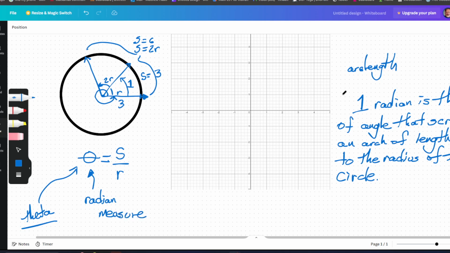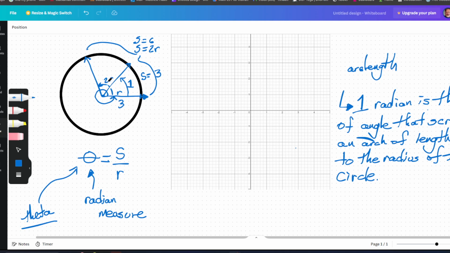I know we kind of define what 1 unit is over here, but a consequence of that definition of 1 unit is that in general our radian measure is this ratio.